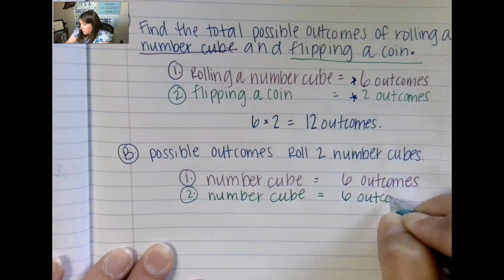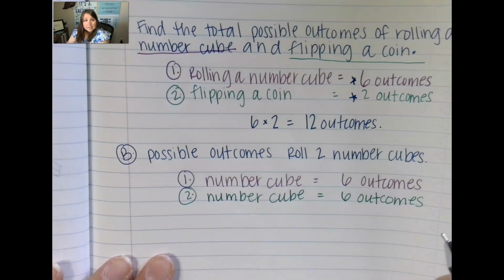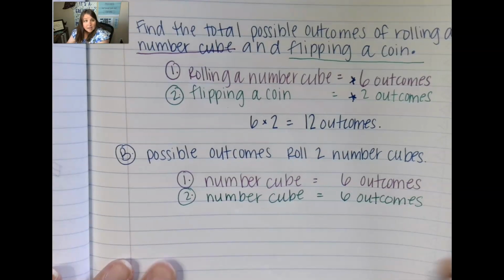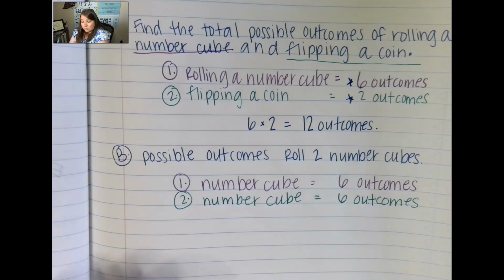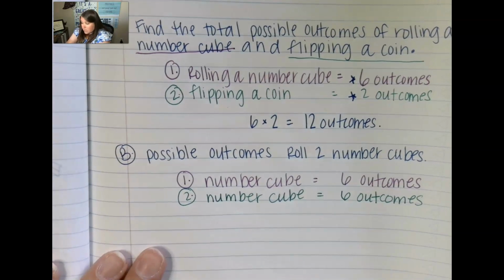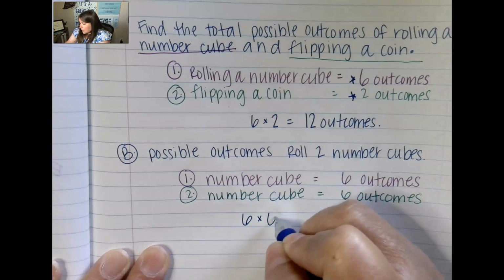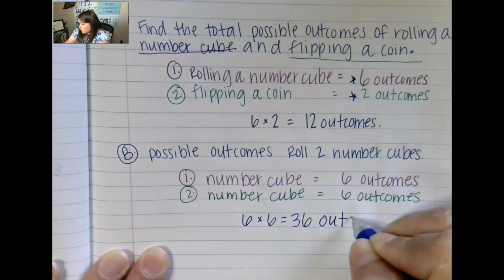So when I roll these number cubes, I can get a total of 36 different outcomes. I could have a 1 and a 6 together paired up. I could have a 2 and a 4. I could have a 3 on one cube and a 3 on the other cube. There's 36 possible outcomes because when I take these 2 numbers and I do 6 times 6, I get 36 outcomes.